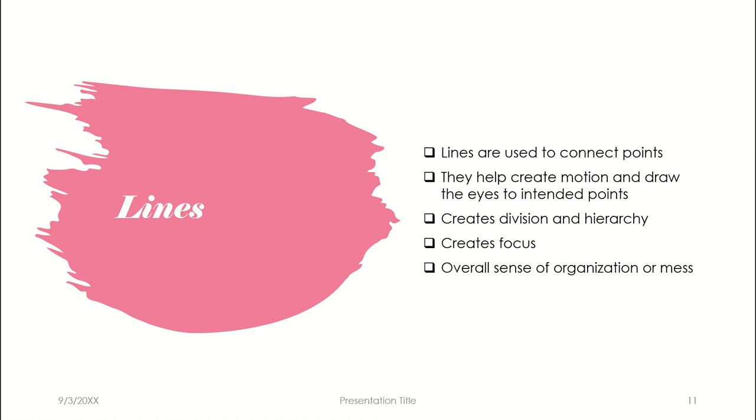And so when we think of lines, we're thinking of points that are being connected, or at least an area that's being created, right? Even if we were to take a look at here where it says lines, this has no outline, but there's a clear line designating between the pink area and the white area, right?